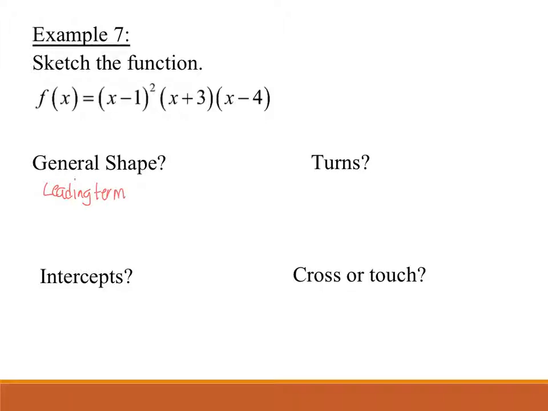The leading term here is going to be x to the 4th, and it's positive, which means that the end behavior is up at both ends. So now it says, well, how many turns are there? Well, n is equal to 4, so there is a maximum of 3 turns.